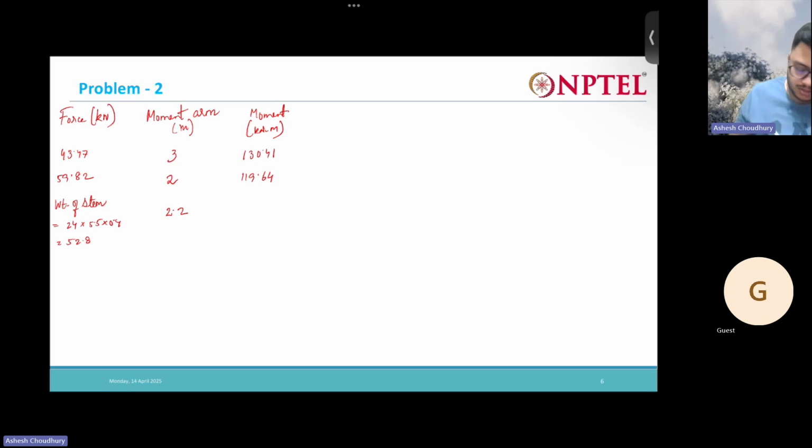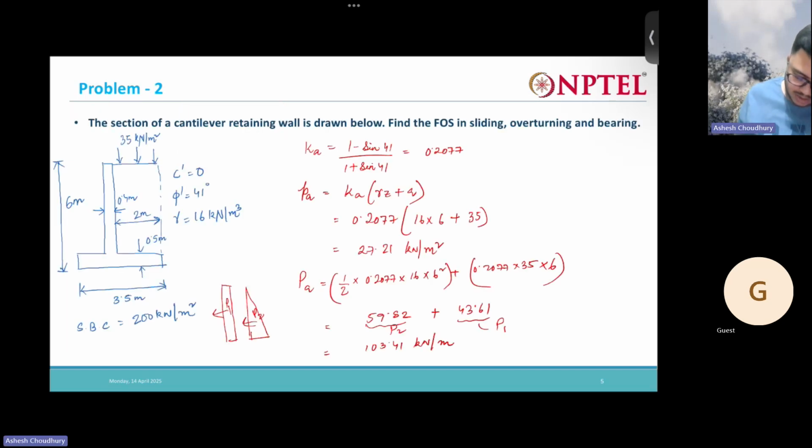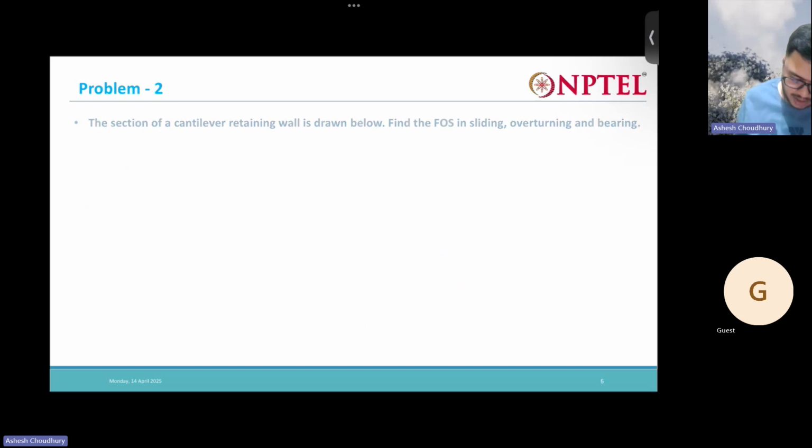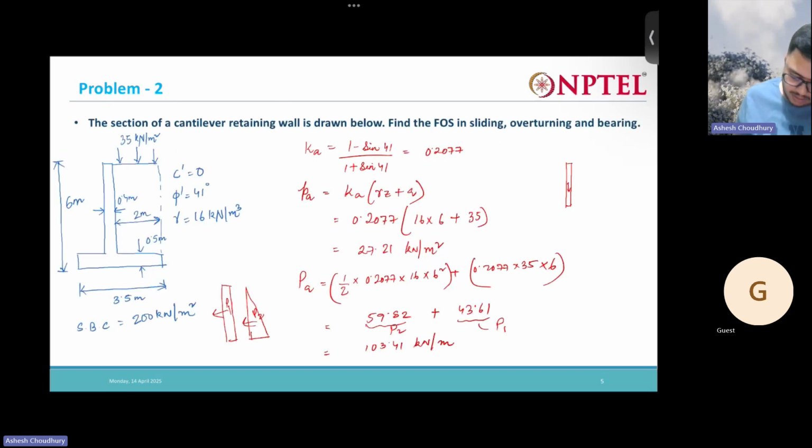It will be acting at the center of the stem, and we are calculating the moment about this heel. This red dot is the heel. So from here, what is the distance of this center?